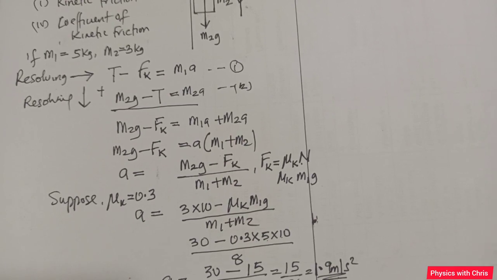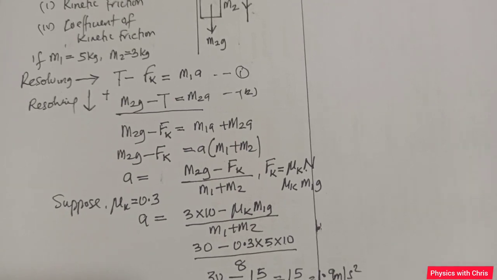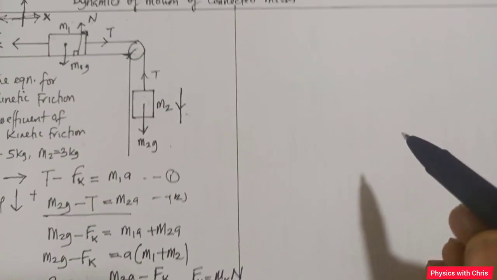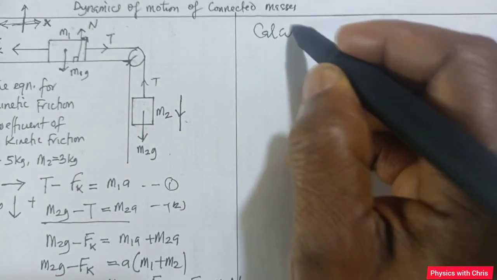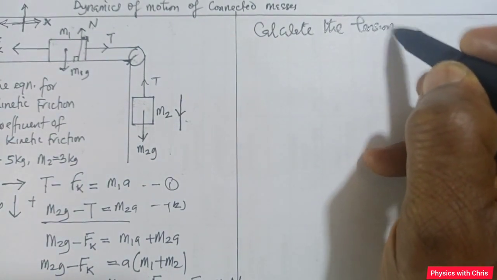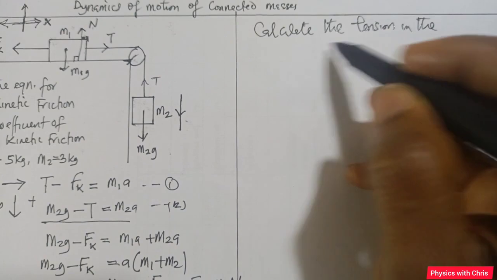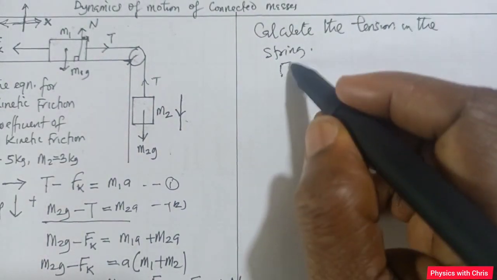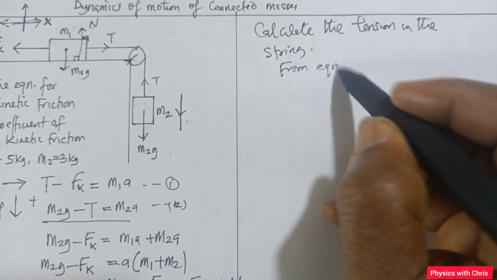Given this now, what is the tension in the string? So from equation 1, suppose we want to calculate the tension in the string. Let me take equation 1.